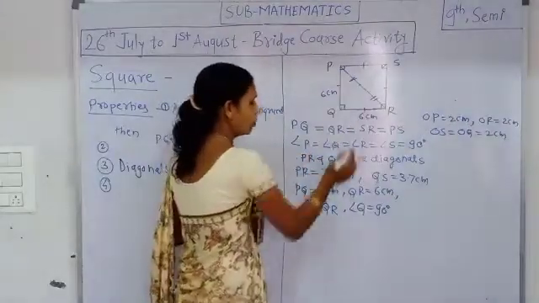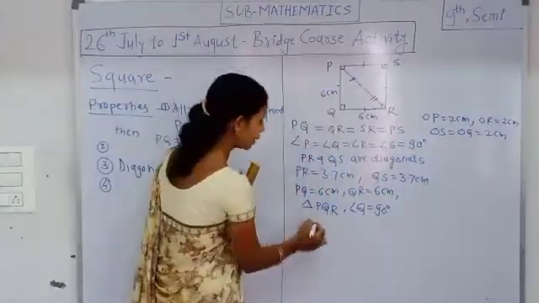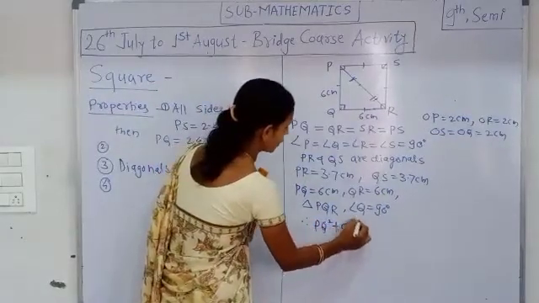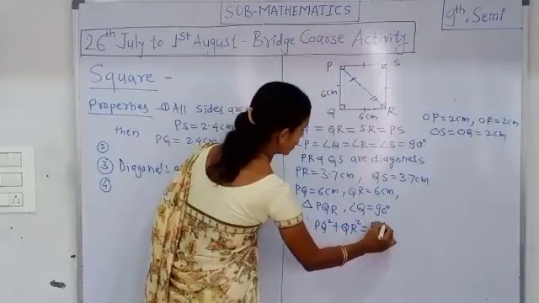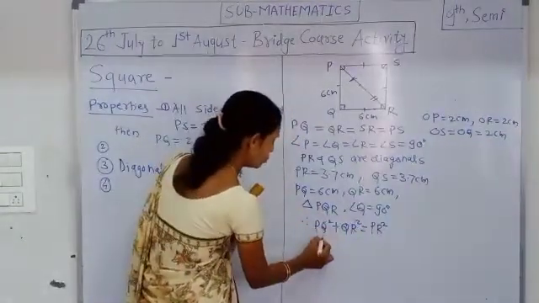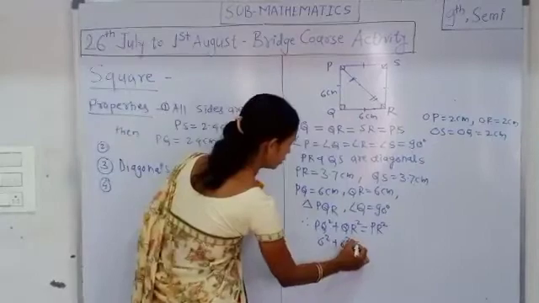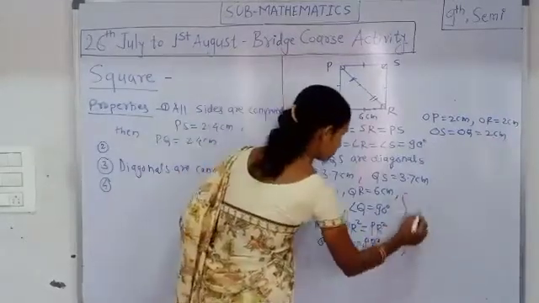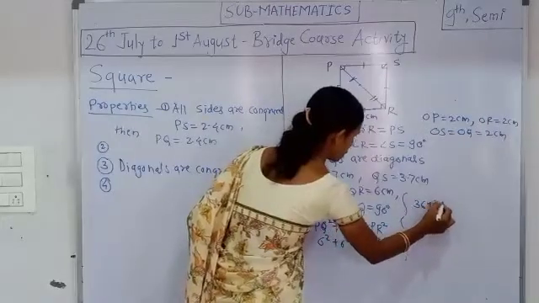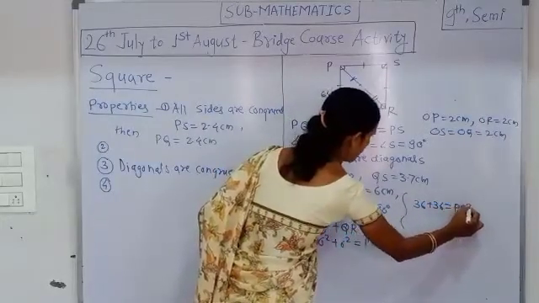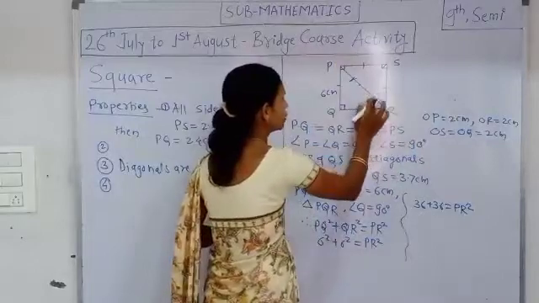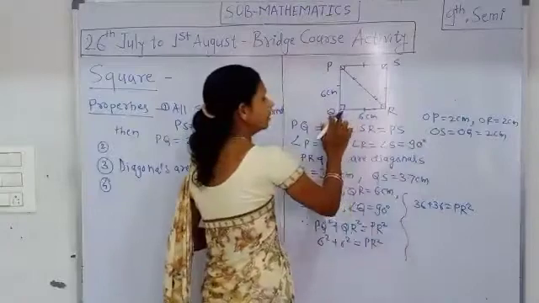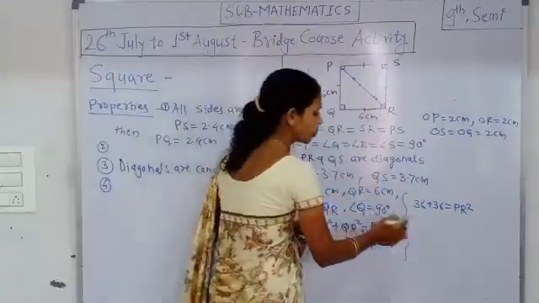Therefore, by using the Pythagoras theorem, we can write PQ square plus QR square is equal to PR square. Then 6 square plus 6 square is equal to PR square. 36 plus 36 is equal to PR square. So we can find the length of the diagonal PR using the length of the side of the square.